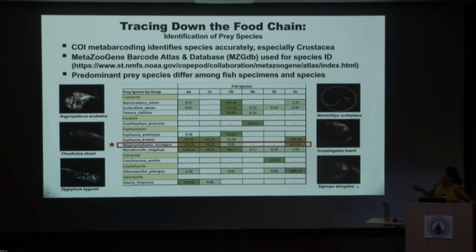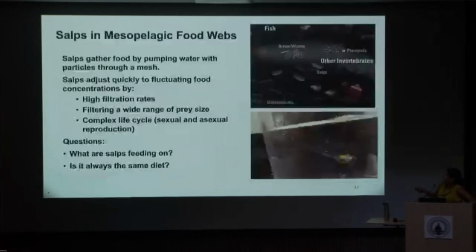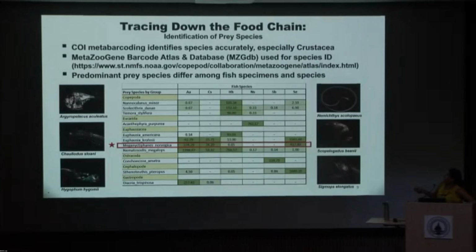But also we have, for example, that some of this data shows that for one of the fish, we can see that the different prey species by group are over here, a lot of the prey composition is comprised by copepods up here, right?